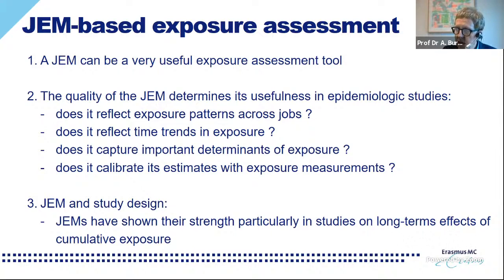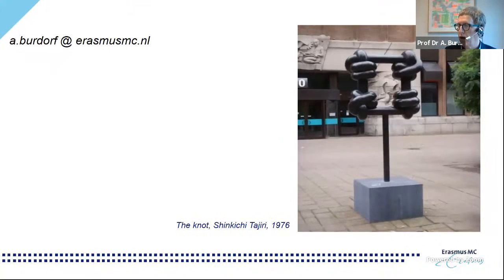Is it calibrated with real exposure measurements, a quantitative job exposure matrix? And if you can answer yes to all these questions, then it's lots of fun using a job exposure matrix in your cohort study. And that is the end of my message, Henrik.